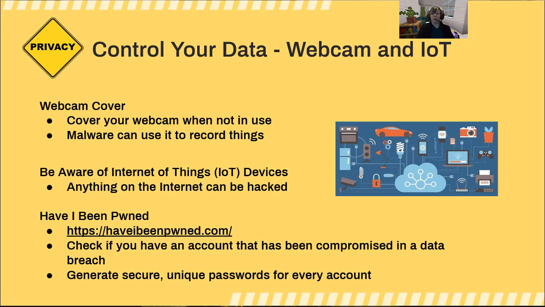So you have to be remembering what you have online and be aware of what you have protecting it from the main internet. You can also check to see if you have an account that's been compromised in a data breach at haveibeenpwned.com. That's HTTPS://HAVEIBENPWNED.com.